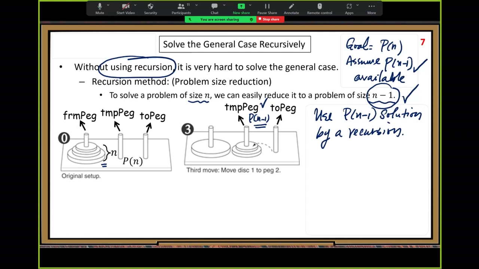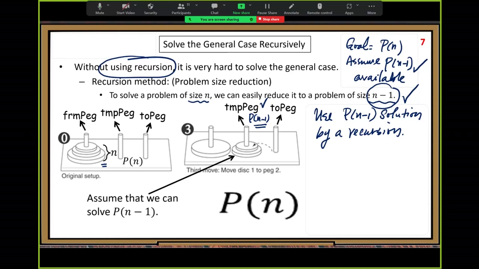Then the next part: move the bottom disk from peg 1 to peg 3. I need to draw a little bit. Then after that, another P of n minus 1 solution moves the top n minus 1 disks to the destination peg.